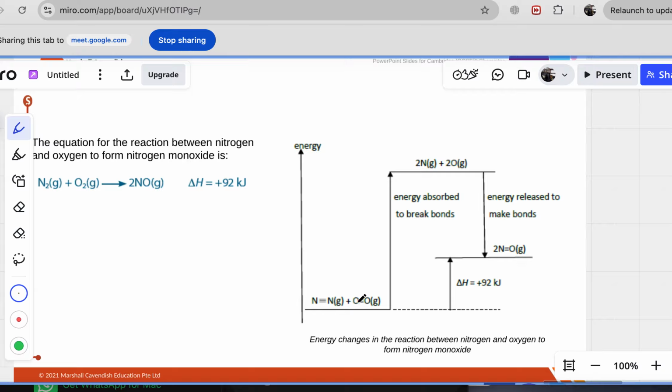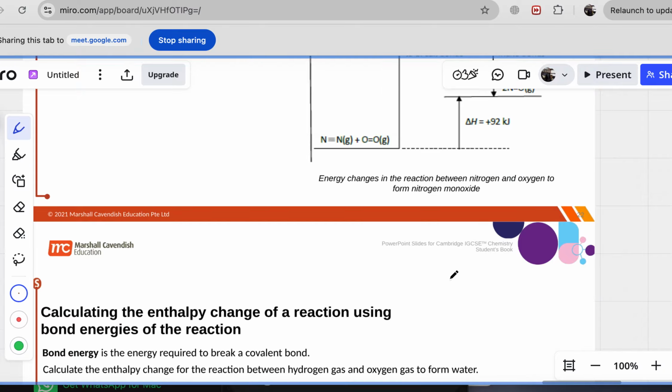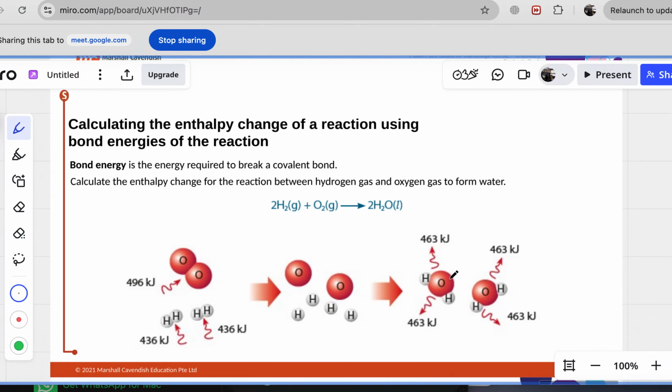Since it's looking for 2 to be added to make 8, it becomes an oxygen to oxygen double bond. So one atom of this reacts with one atom of this to form the new product, nitrogen monoxide. The other one, with this one, gives another. That's why we write 2 here. That's why we say 2 molecules of it. Okay? So let's move on.